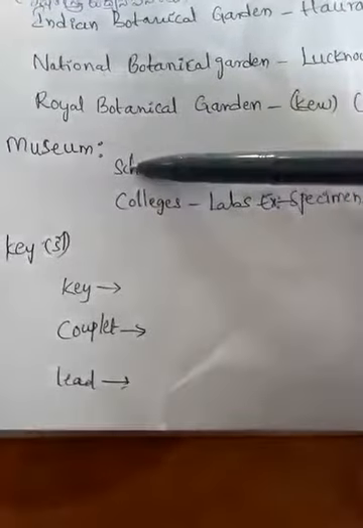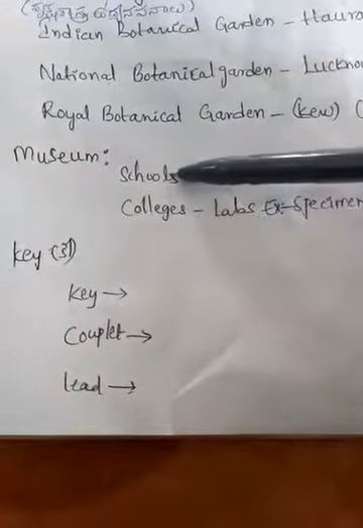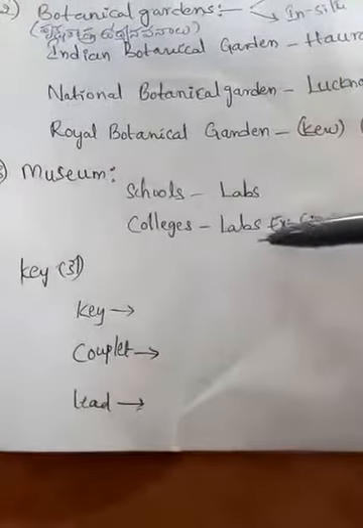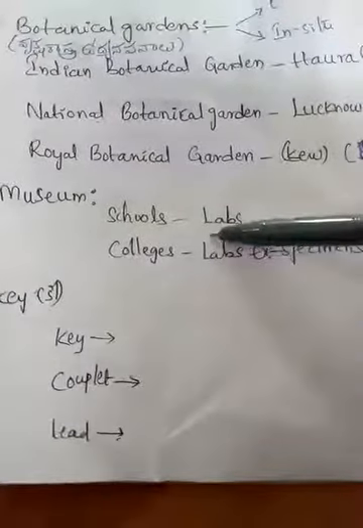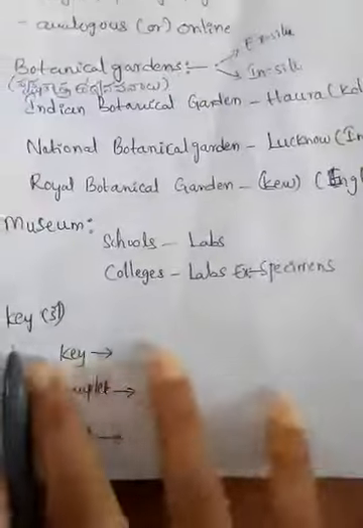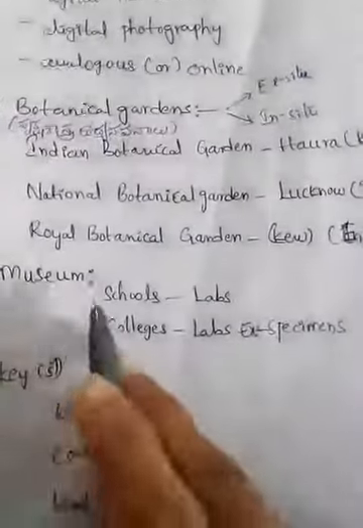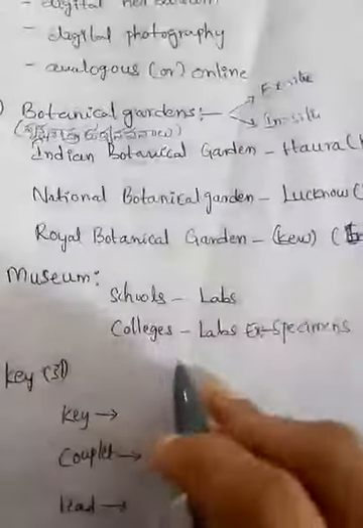Now coming to museums. Do you know about museums? Museums are located in schools and colleges, in school labs or college labs. In the museums we can see specimens and slides. Do you know about specimens?